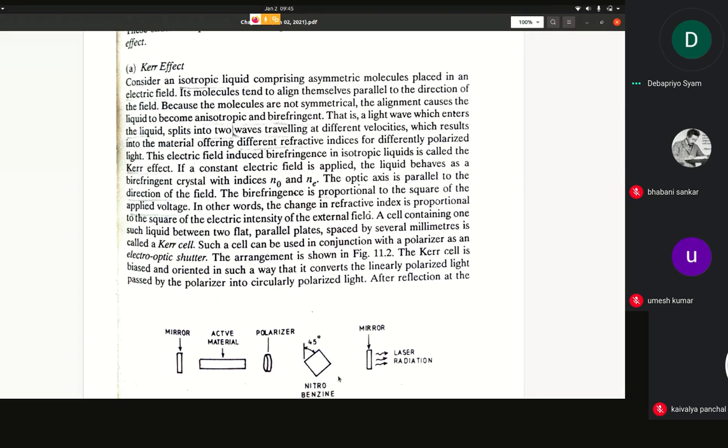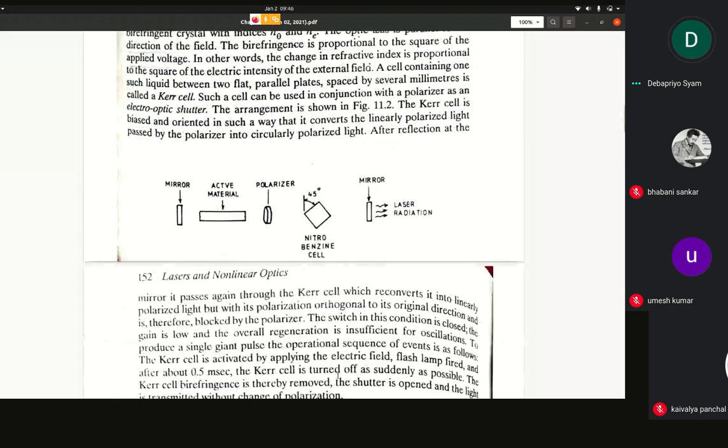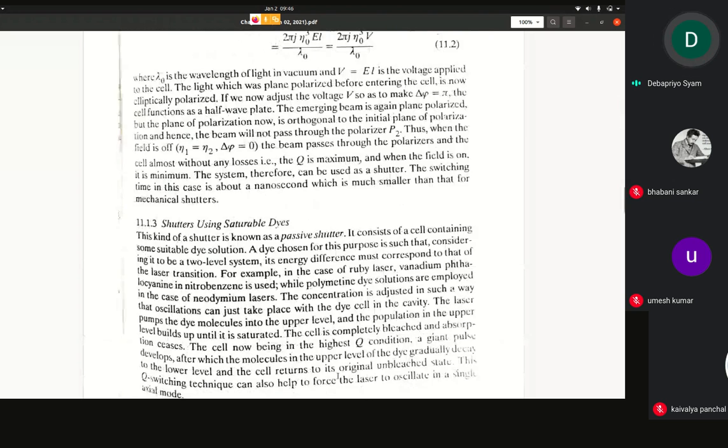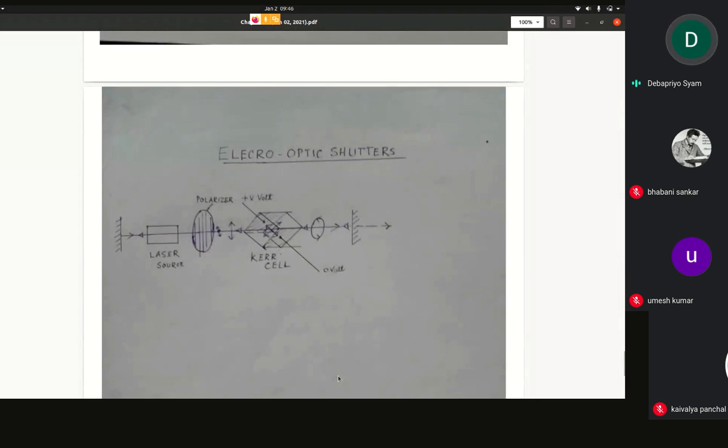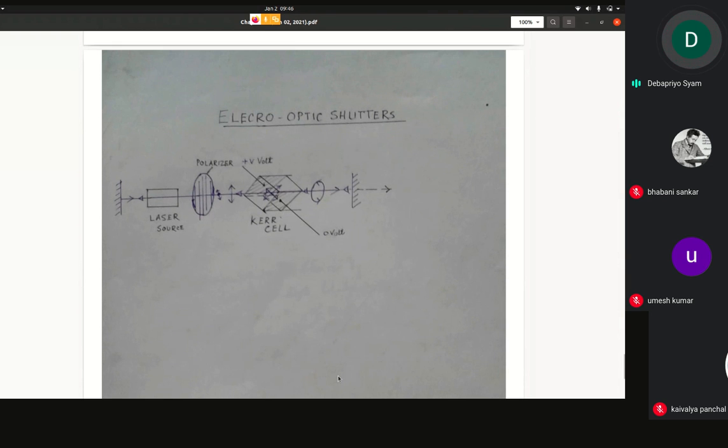Now if you can just for a moment, Surendra, show the hand-drawn diagram of the Kerr cell. I sent it to you maybe yesterday. Yes, here it is. So actually the way this cell is oriented is like shown.